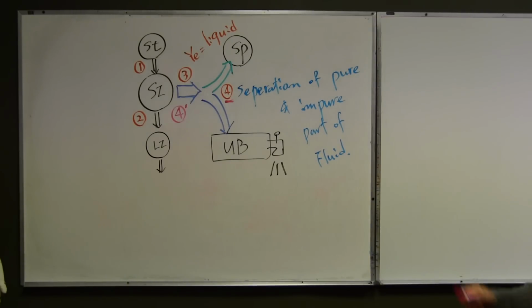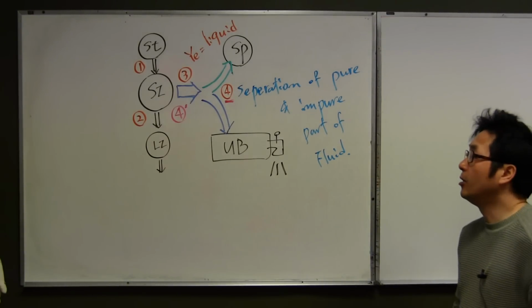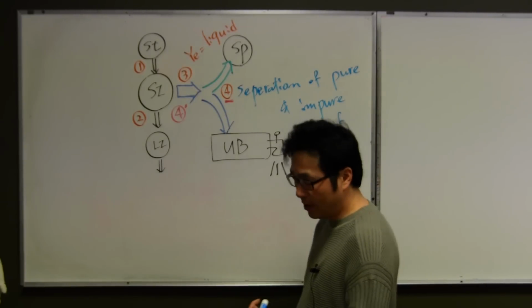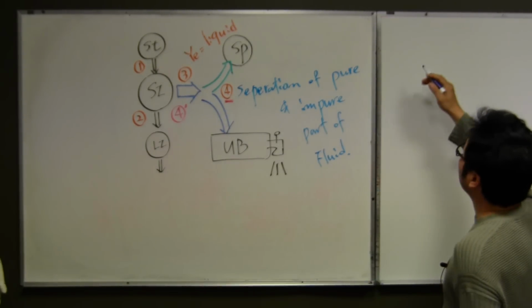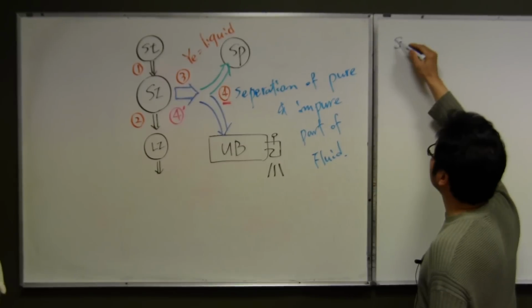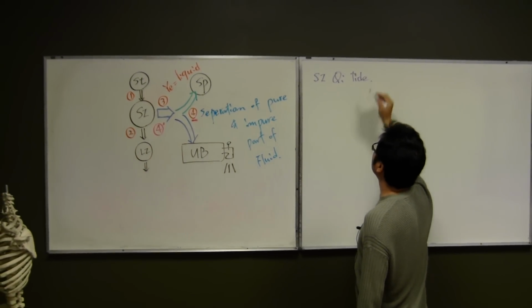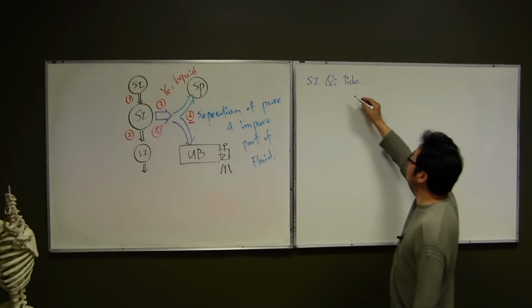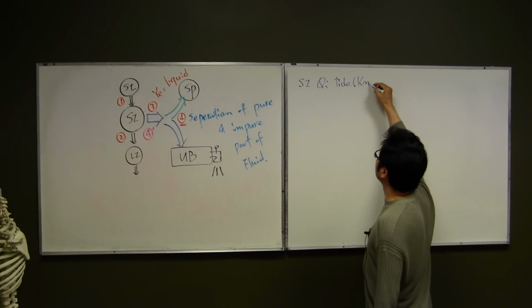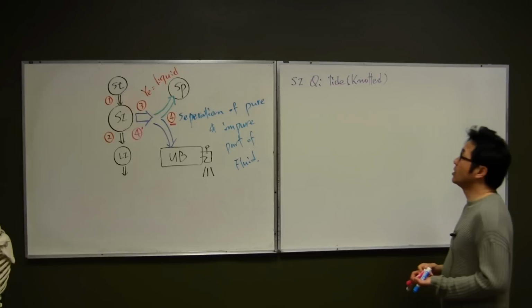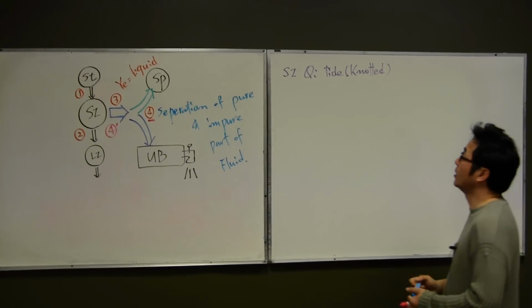But I want to use some patterns of the small intestine to understand what the small intestine function is correctly. Okay, this is one thing: small intestine qi tied, or some books use what? Qi knotted. Small intestine qi knotted or small intestine qi tied.